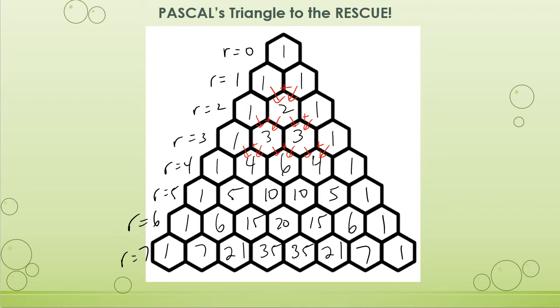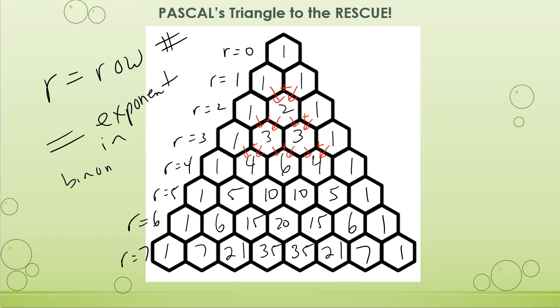You could add row 9 after that. You could add row 10. But the important piece here is R, in this case for Pascal's triangle, is the row number. This equals or corresponds to the exponent in binomial expansion.